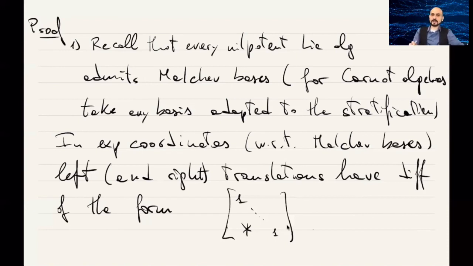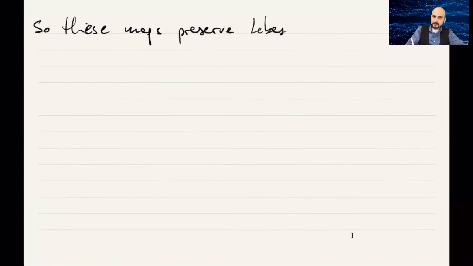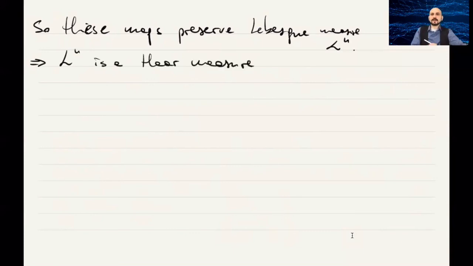So once you prove this, then these maps in particular have determinant equal to 1. So these maps preserve the Lebesgue measure, call it Ln. Therefore, Ln is a Haar measure because it's a Borel measure that is finite on compact sets.